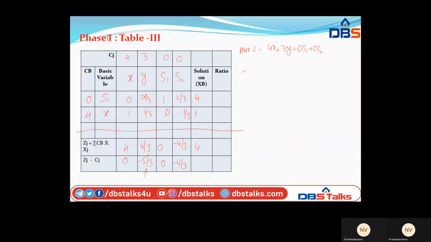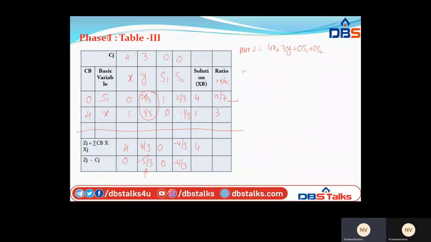Then by taking this column, same procedure, find the ratio, that is xp by xj. Then automatically we will find these are the values. Next, most negative here means least positive.